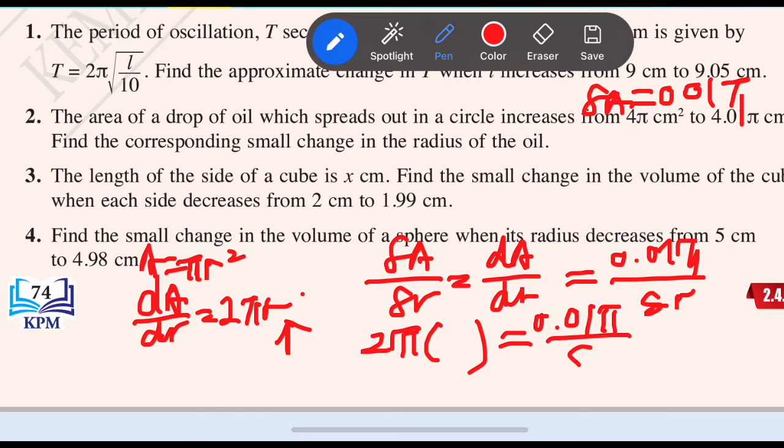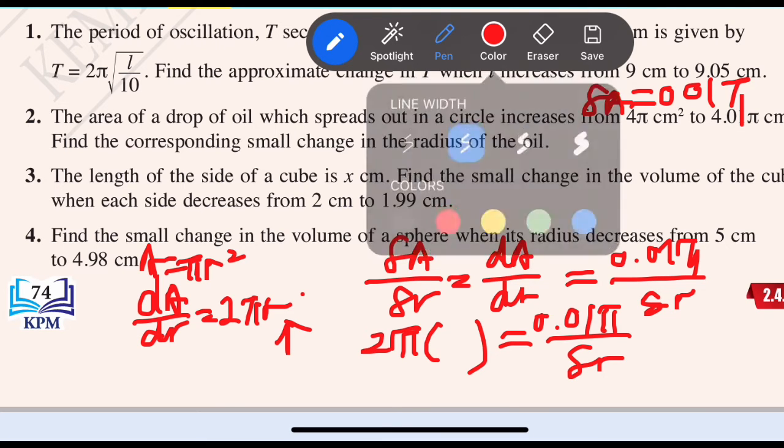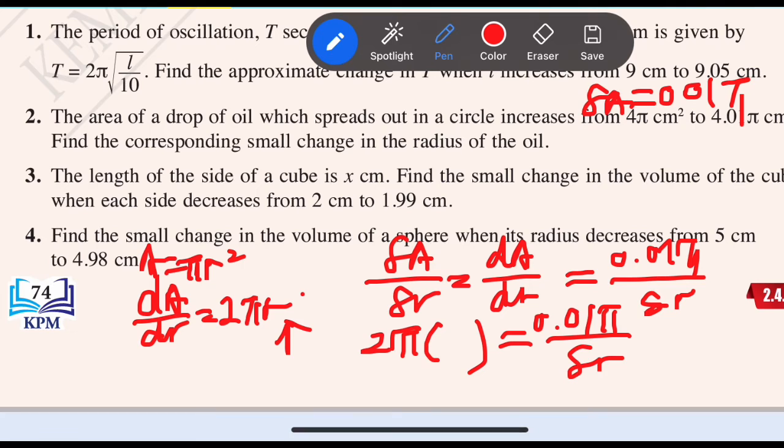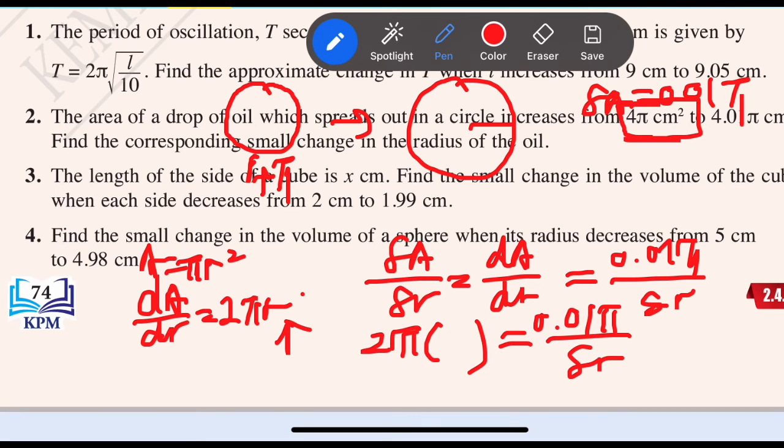I'm sure many students are wondering how to get the original value of R. So whenever you want to use the radius, you must start from the original area, which is given as 4 pi, right? You just use your imagination. You have the circle area 4 pi, and it will change to 4.01 pi.